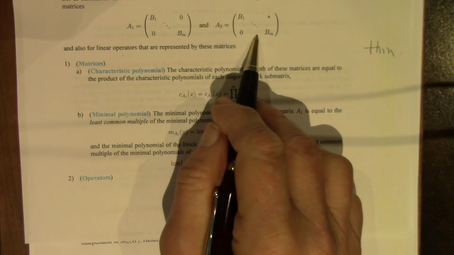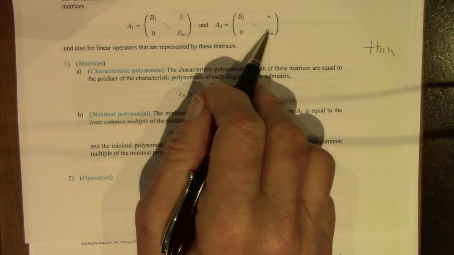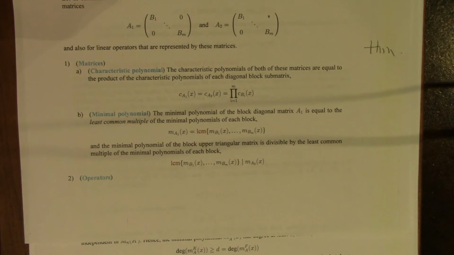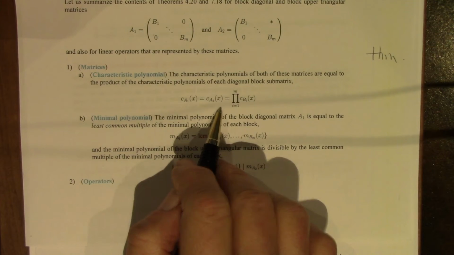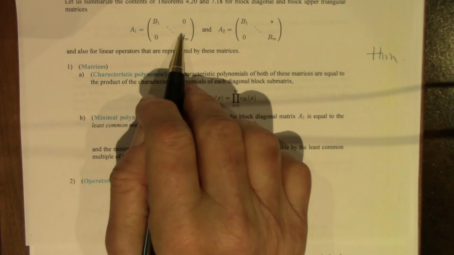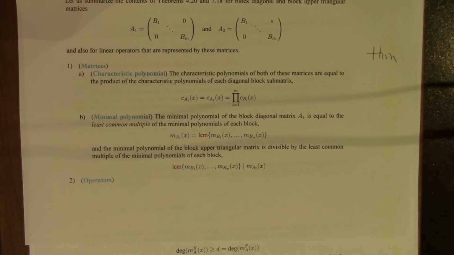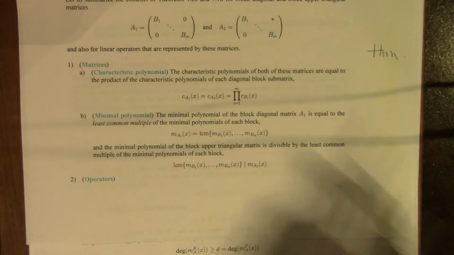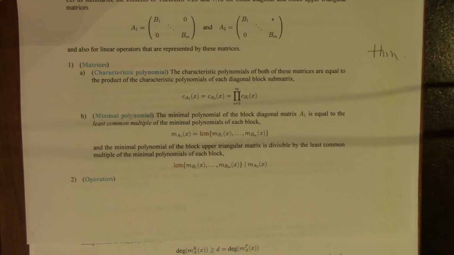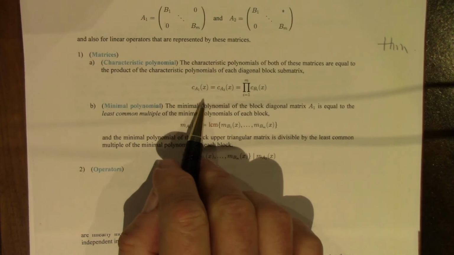In this case, the best we can say is that the least common multiple of the diagonal blocks divides the minimal polynomial. Okay? So the characteristic polynomial situation is simpler. Doesn't matter which you have, block diagonal or block upper triangular. The characteristic polynomial ignores everything off the block diagonal. You just take the product of the characteristic polynomials of the block diagonal blocks. Minimal polynomial is more complicated.